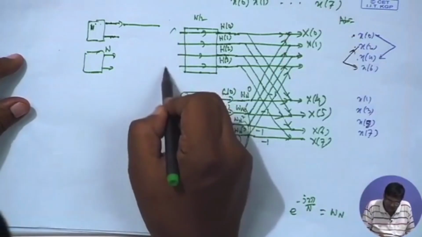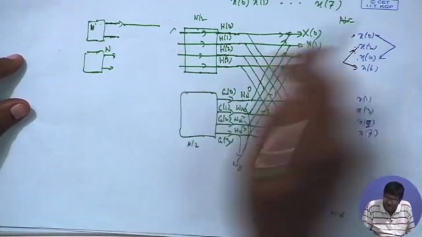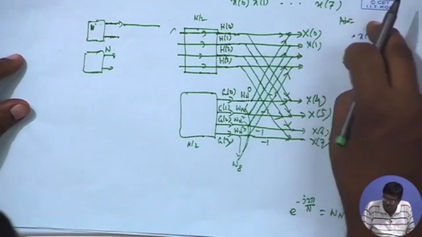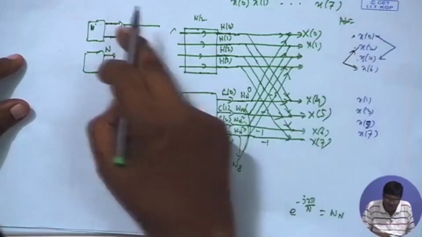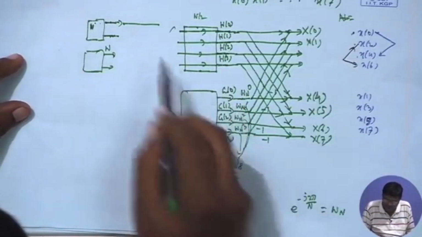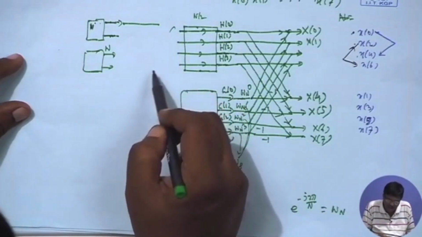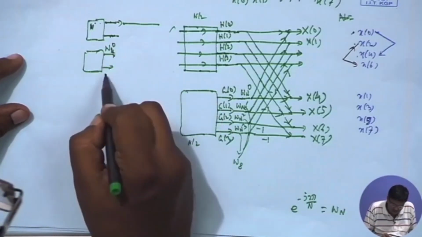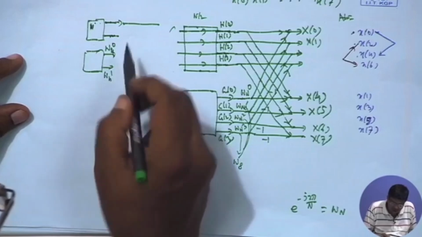Similarly, here the total length is 4. That is the length of the sequence is 4. I am trying to find out its DFT. So, N is 4. I am dividing this into 2 sub hubs, but the W N was coming from this final length, that is 4. That is why now this will be W 4 to the power 0, W 4 to the power 1.